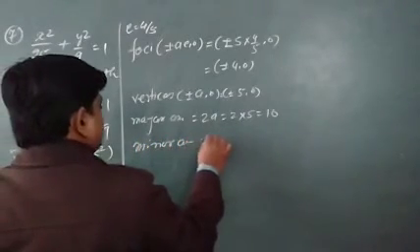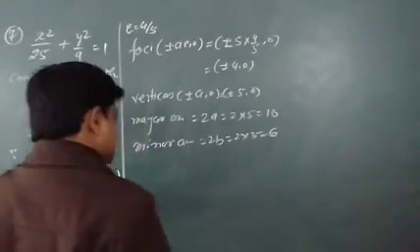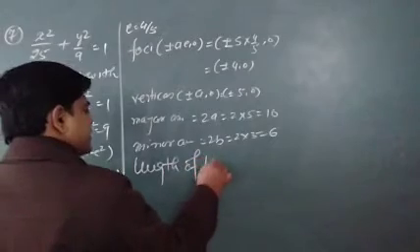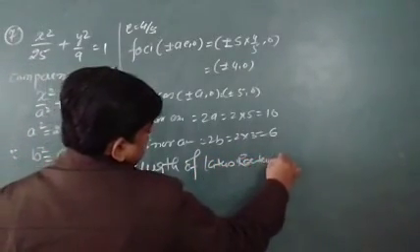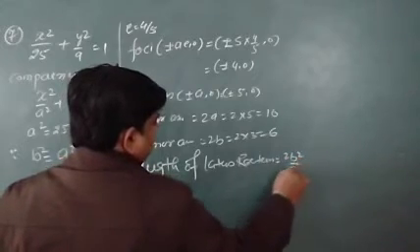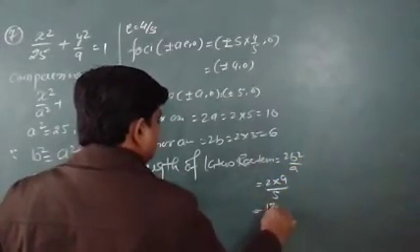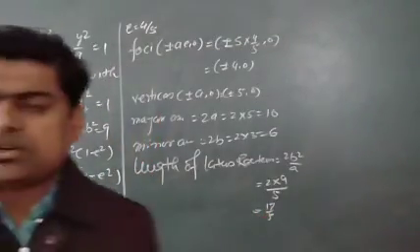Minor axis, it is 2b, 2 into 3 is equal to 6. Length of latus rectum, 2b square upon a, it is 2 into 9 upon 5, 18 upon 5. Now I am asking you, is it so difficult?